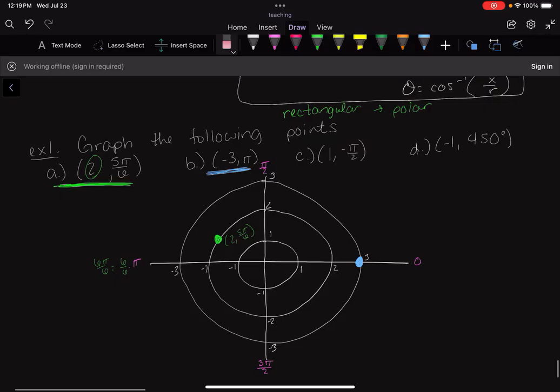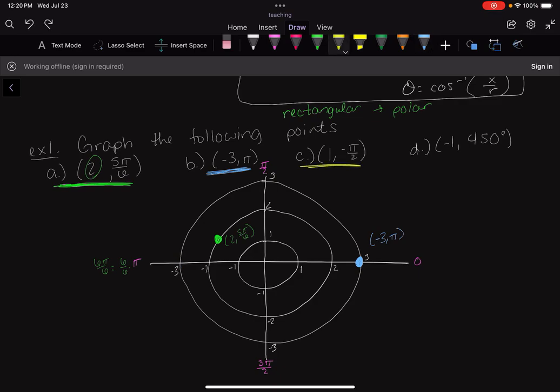So this is the point negative 3 comma pi. If it had said positive 3 comma pi, that would be over here, because it would have meant to go in the same direction as my angle.